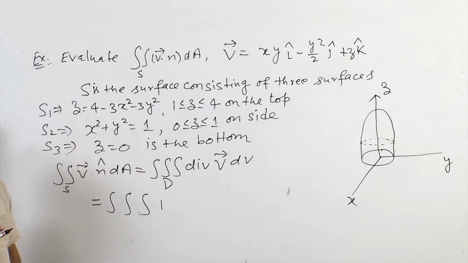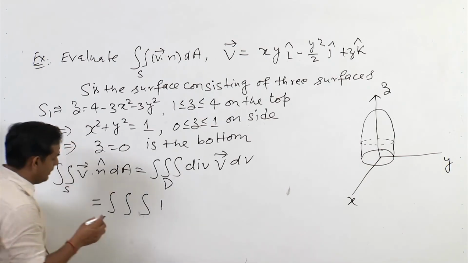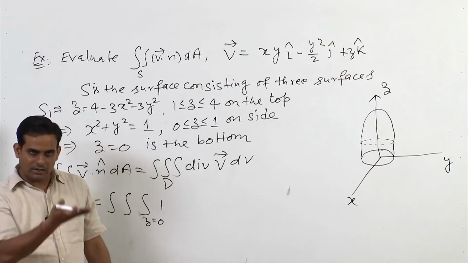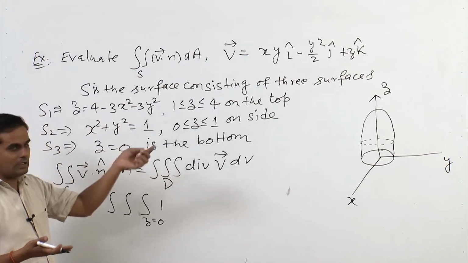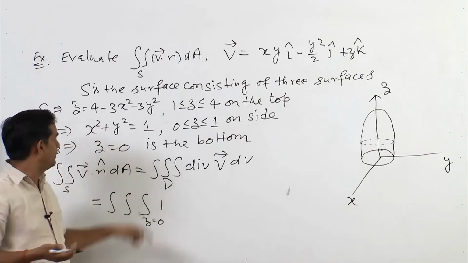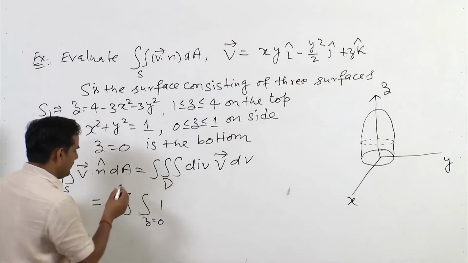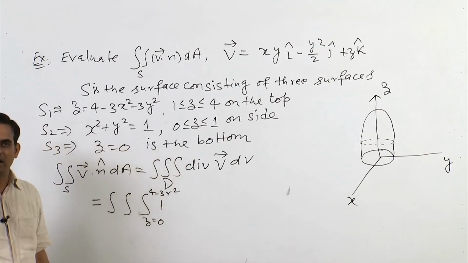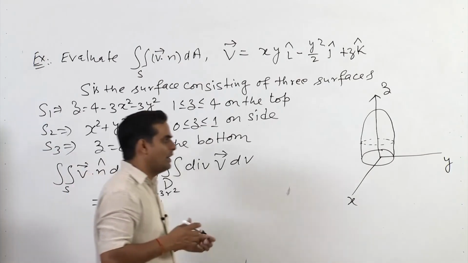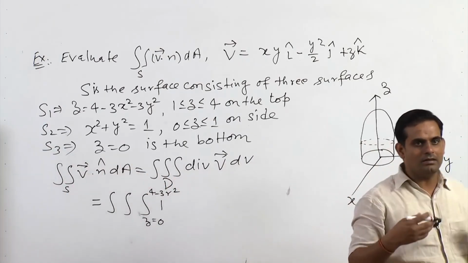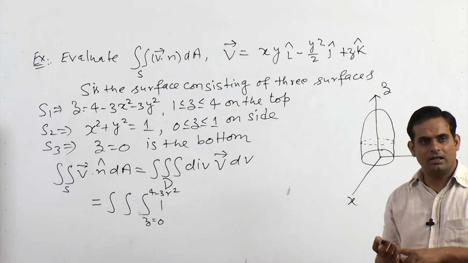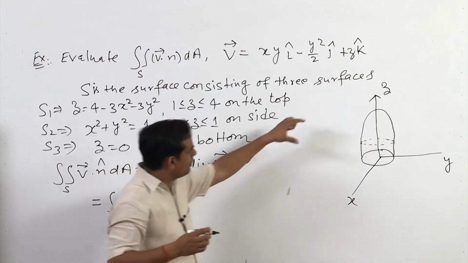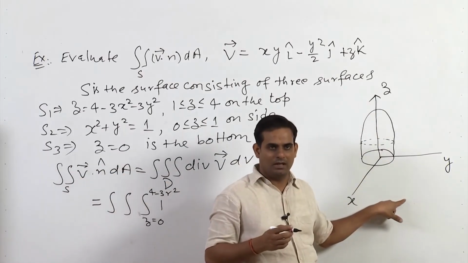Now, the limits will become z equals to 0 is the lower limit of z, because this is the disc in xy plane. What is the upper surface of the region? So, if I use the cylindrical coordinates, I can write 4 minus 3 r square, where r square is x square plus y square. x is r cos theta, y is r sin theta. Then the projection of this particular surface on the xy plane.